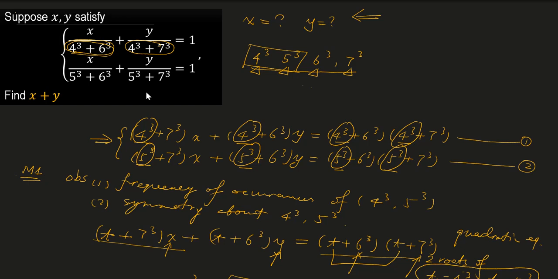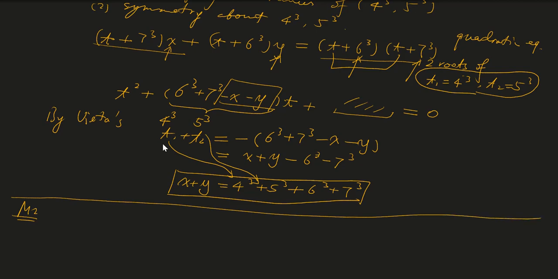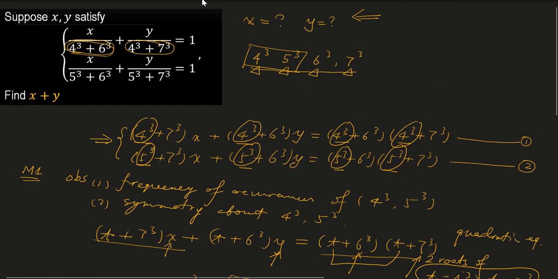And now let's look at the second approach, M2. So in M2, we will look at this system of equations from a different angle. So let's use a different color. We are talking about the same system of equations. And this time, we want to read the coefficients of x and y in these two equations very carefully.